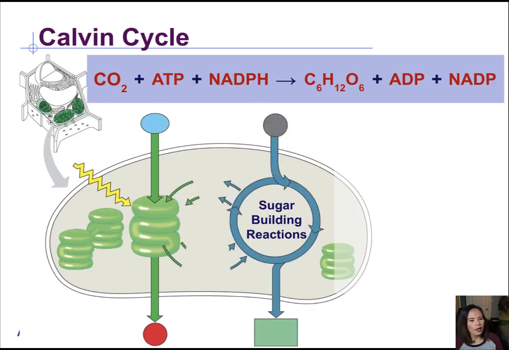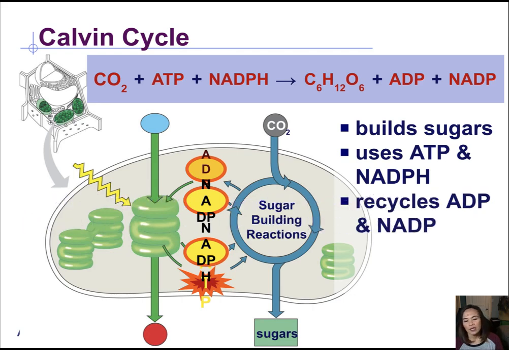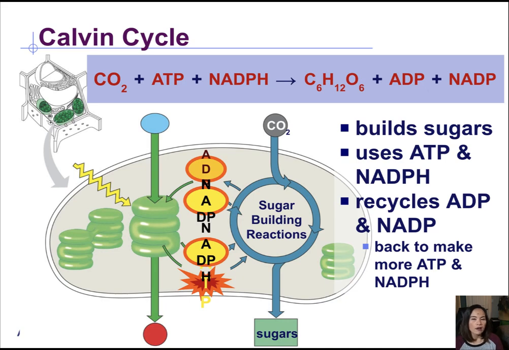After that, it's time to build sugar. The sugar building reaction is your Calvin cycle right here. And as this happens, it uses that ATP and NADPH that was produced in the light reaction and recycles the ADP and NADP back to make more ATP and NADPH to be used by the cell elsewhere.